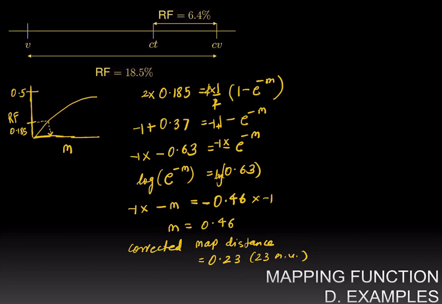And so this m here is 0.46, which translates to a map distance of 0.23.